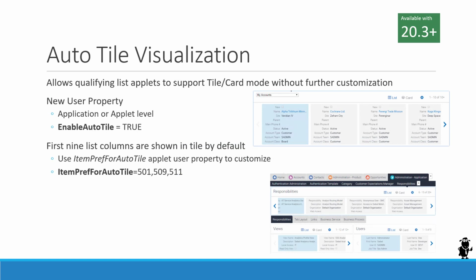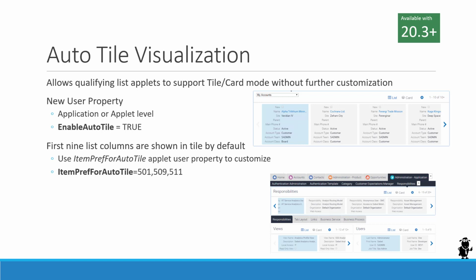Another feature introduced in 20.3 is the auto tile visualization. Previously this was only available through customization of individual applets and is now available by setting a user property on either the application level for all list applets or for individual applets. The user property is called enable auto tile.